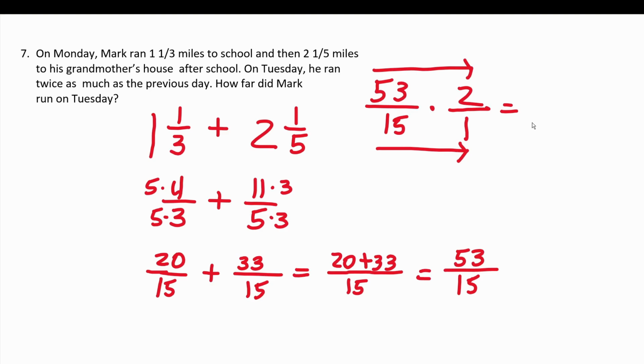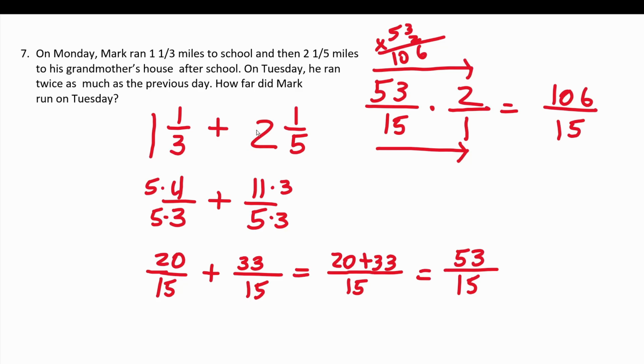So we're doing 15 times 1 here, which is just 15. And here we're doing 53 times 2. So as not to make any mistakes, I'm going to work that off to the side. 3 times 2 is 6. 5 times 2 is 10. So this is 106.